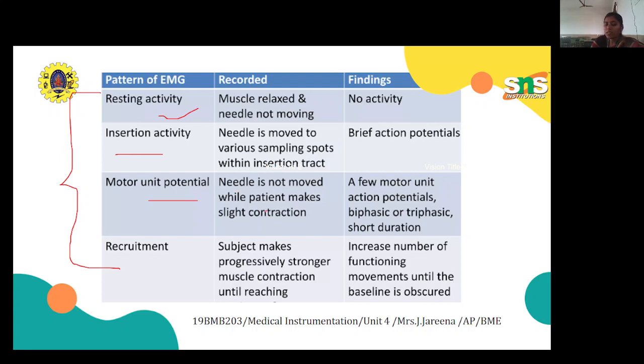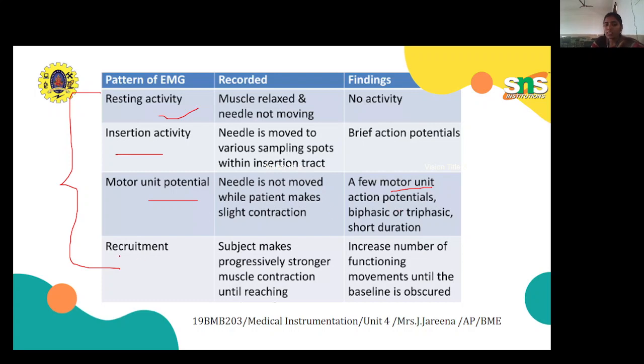As a result of the slight contraction, we have generation of action potential, the motor unit action potential, which may be biphasic or triphasic for a short duration. This is the motor unit action potential. It is nothing but our EMG. This potential is generated in response to our stimulus. It ends up with slight contraction, which in turn produces the motor action potential.